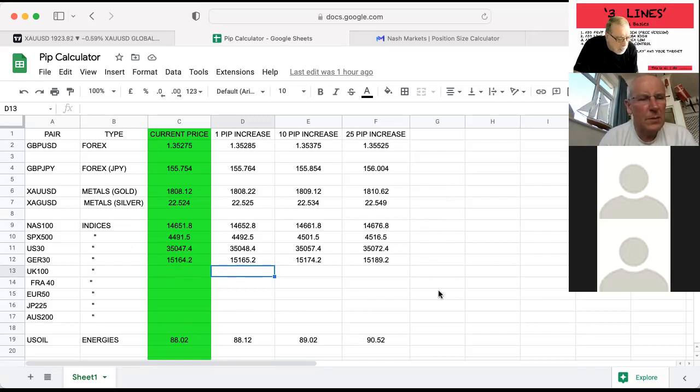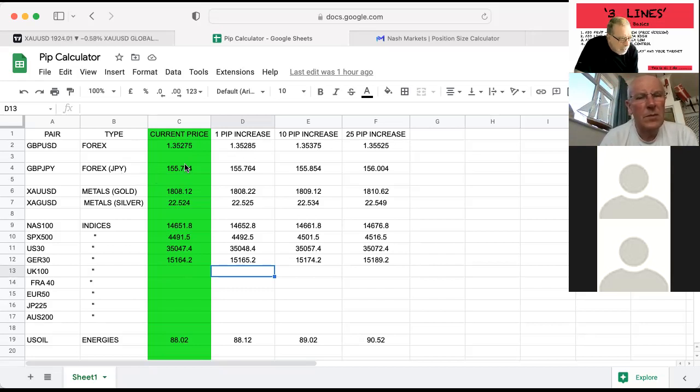First of all, how to read a pip, because it's different on indices to Forex. On normal Forex pairs, the pip is the 4th digit after the decimal point. So a 1 pip increase is from 275 to 285. It's different on JPY pairs.